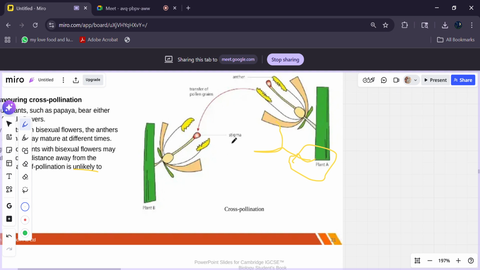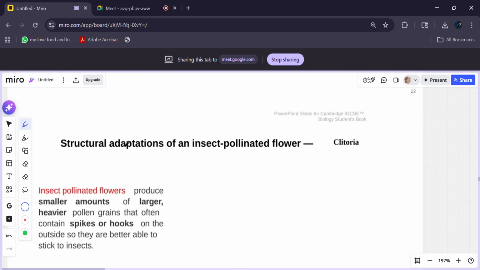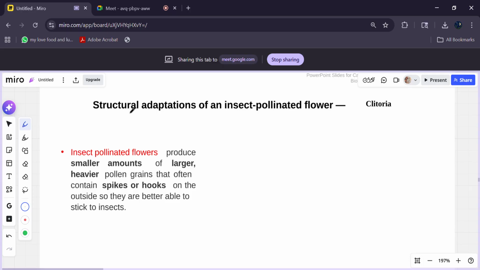This is therefore wasting energy and pollen. So let's move on to explain the structural adaptations of an insect-pollinated flower. Insect-pollinated flowers produce smaller amounts of larger, heavier pollen grains that often contain spikes or hooks.